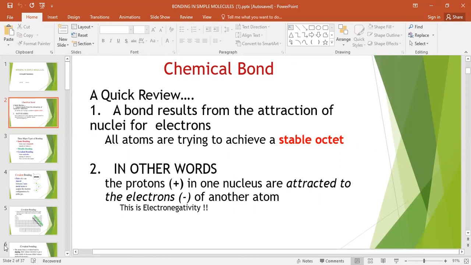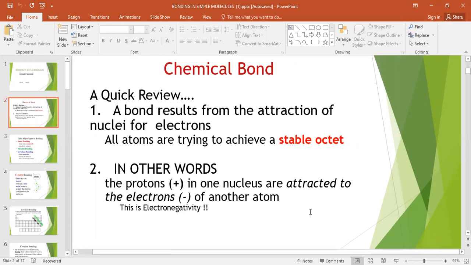In other words, how do you define the covalent bond? The protons in one atom's nucleus are attracted to the electrons of another atom. Suppose here this is only the nucleus, and in another atom there is the electron, e negative.